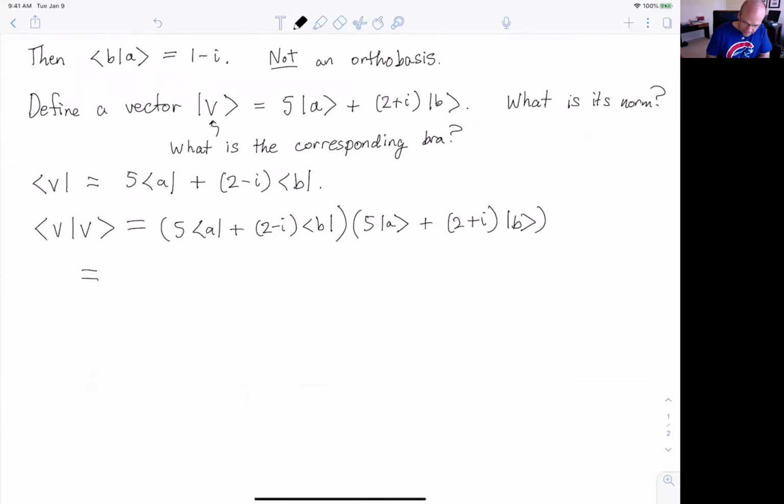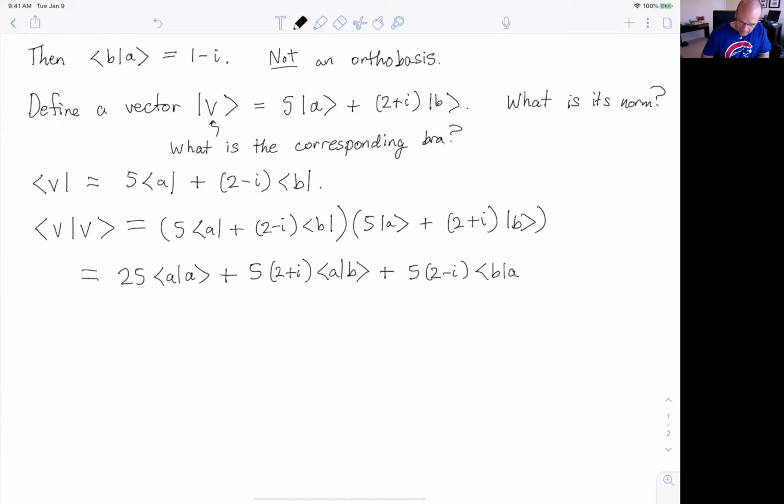There's a 5 times 5 makes 25 AA, there's a 5 times (2 plus i) times the inner product of A with B, plus 5 times (2 minus i) times the inner product of B with A, plus now I need to multiply my (2 minus i) and (2 plus i) times the inner product of B with B. So I just distributed everything out.